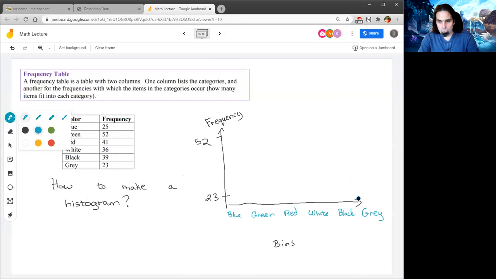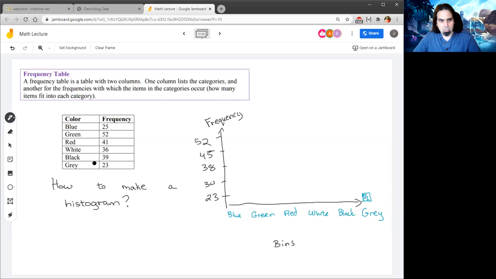Gray goes right up to 23. Black is 39. What's halfway between 23 and 52? That's going to be about 38. That's going to be about 30. It's going to be about 45.